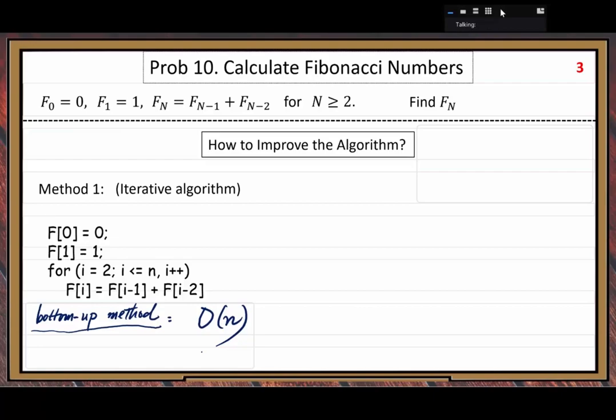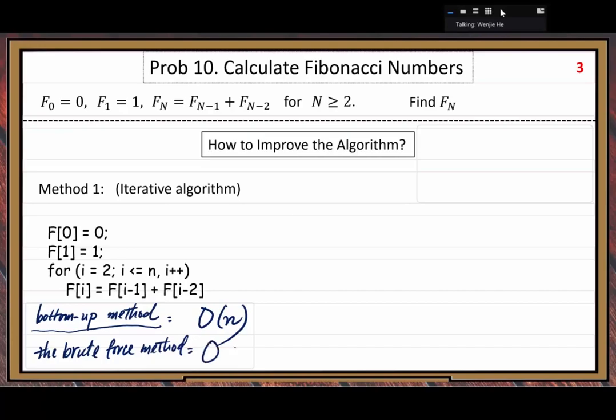It's very fast. How about the previous one, the brute force? If I ask you to use asymptotic notation, how slow is it?